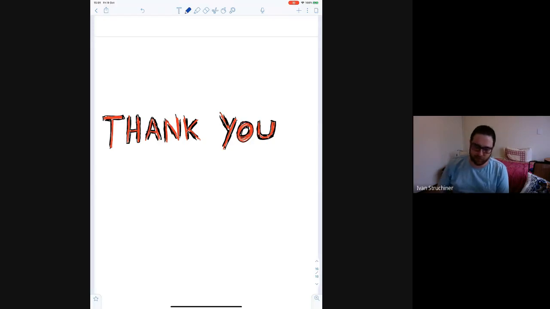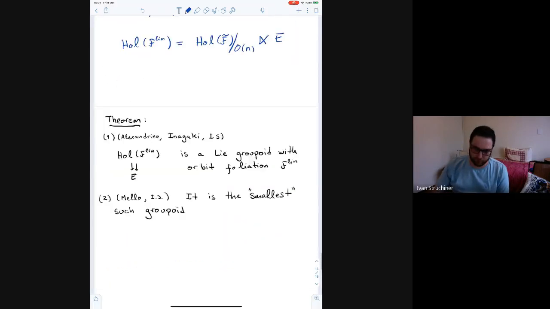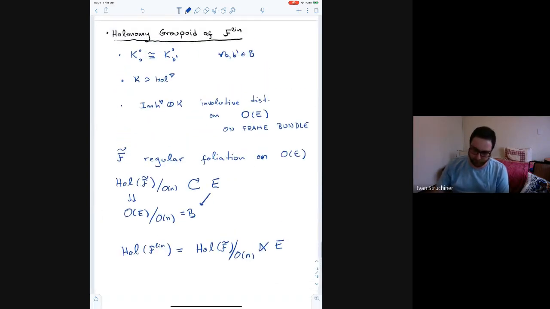So what I can tell you is that this construction of this groupoid can be interpreted as a generalization of the Ambrose-Singer reduction theorem for foliated connections. This is one possible interpretation, and it is actually one of the ways we thought about it to reach the theorem.